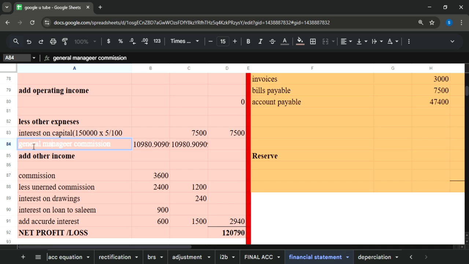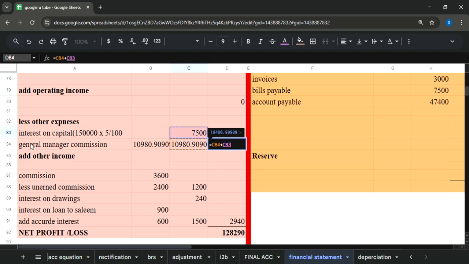General manager commission. Okay, in this way we have two other expenses. First, general manager commission and interest on capital. All right guys, now we need to calculate it over here once again because it was written over here.